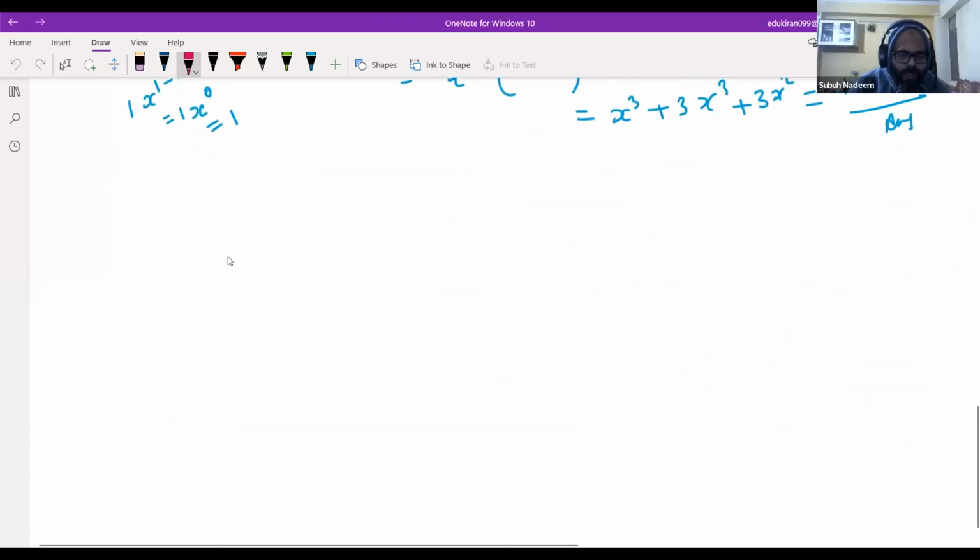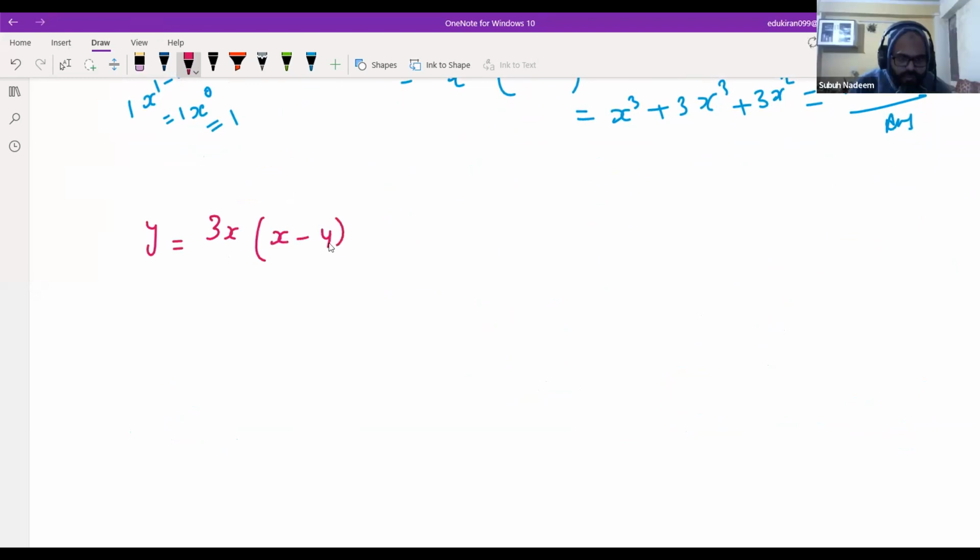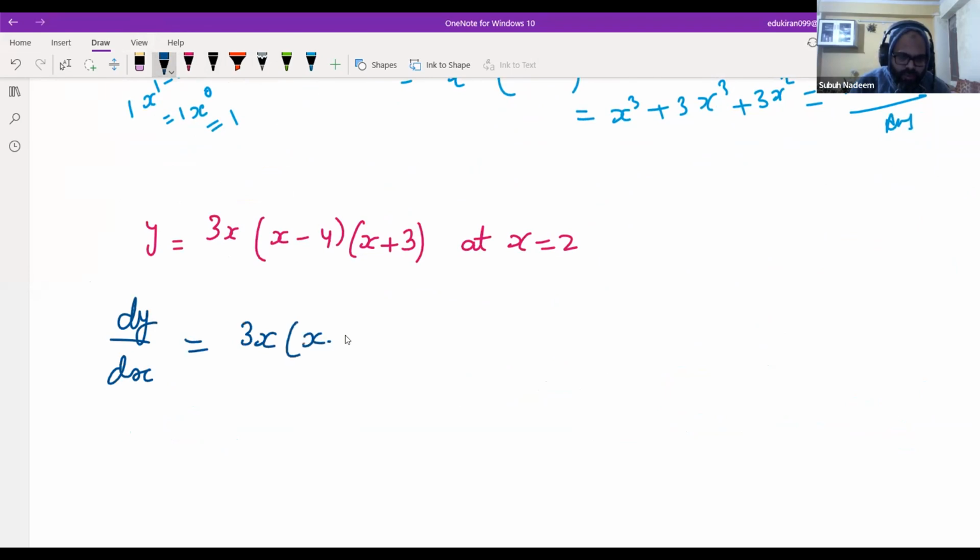Find the derivative of y equals 3x into x minus 4 into x plus 3 at x equals 2. So 3x you will take into x minus 4, and you will differentiate x plus 3.